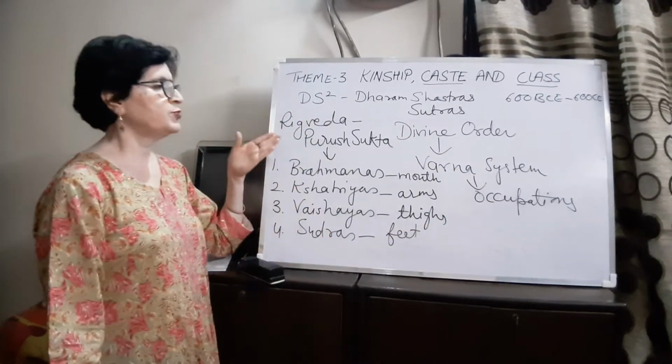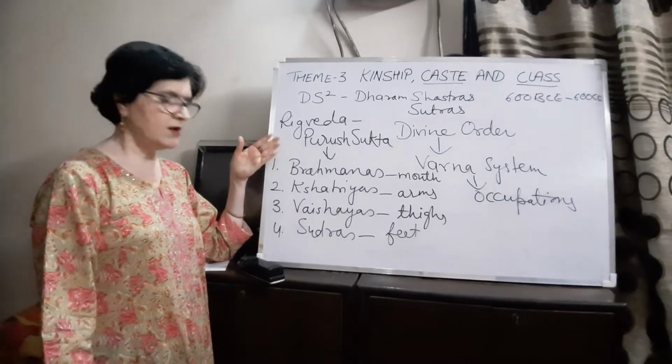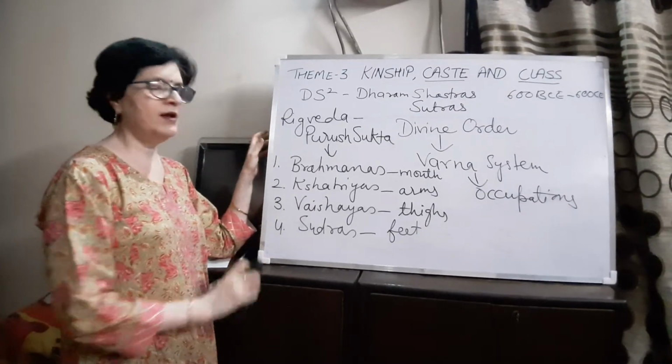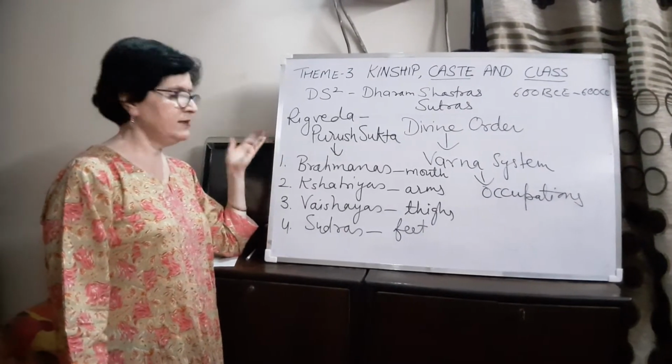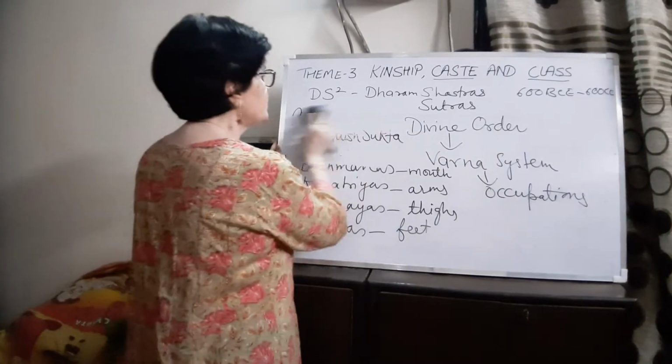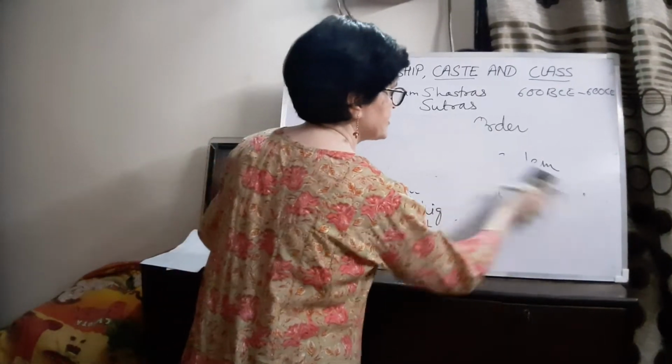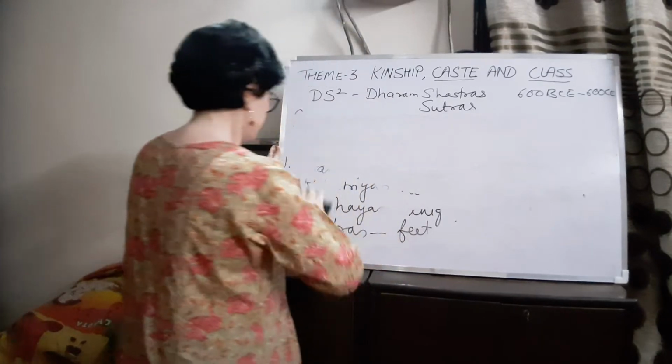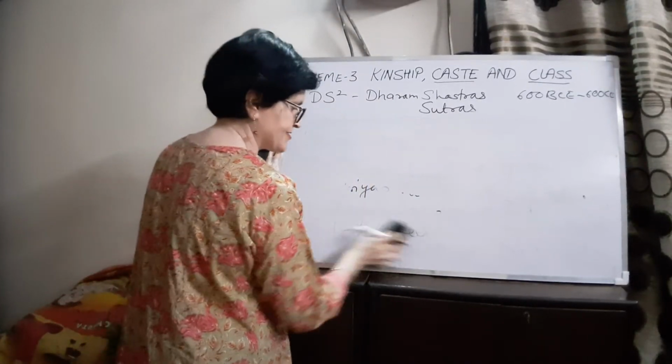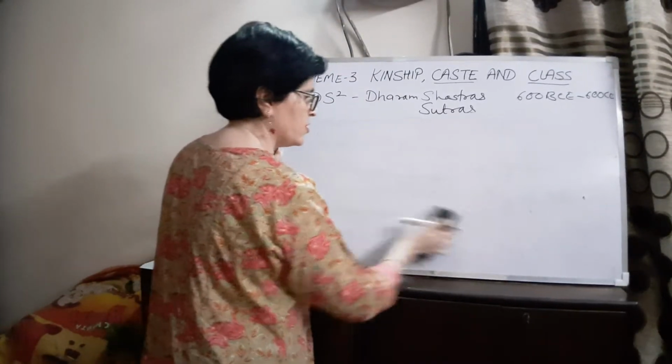That is a cosmic person, or primeval man, written in the Rig Veda. So that was the caste system at that time, and their occupations were fixed.